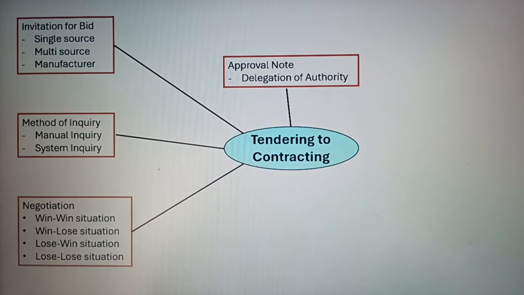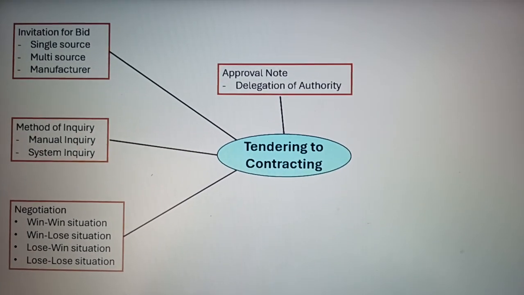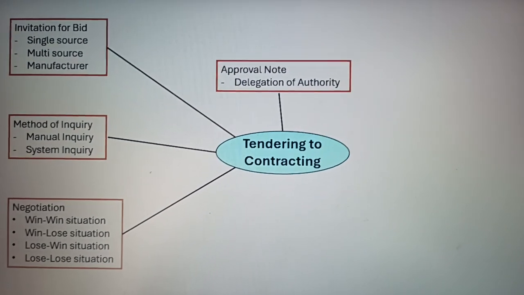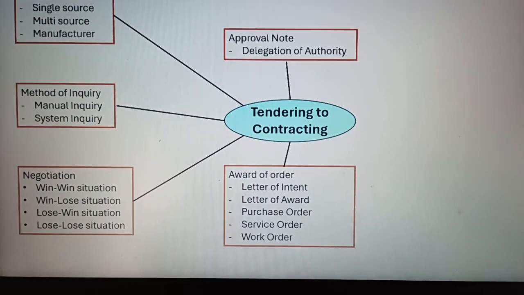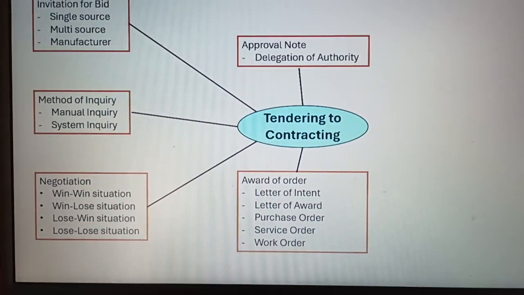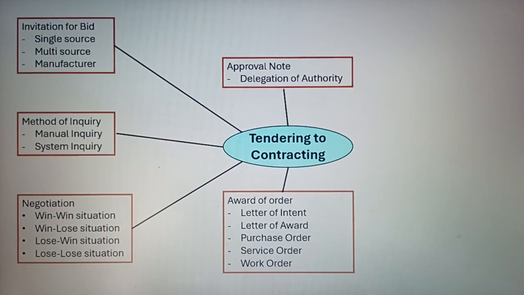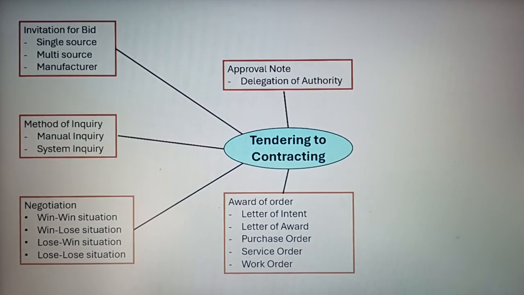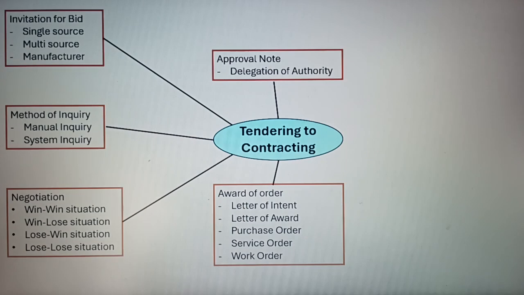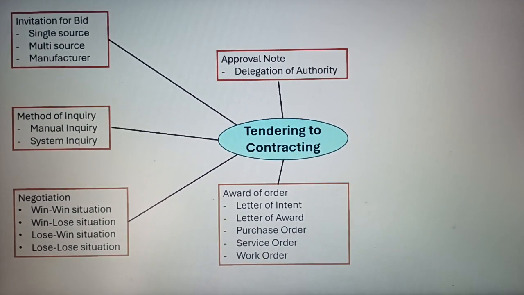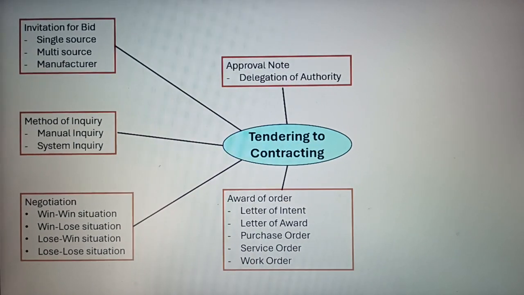As per my opinion, every organization should think about the digitalization of the system. Then we move ahead to the award of order, which is also a part of tendering, in which we send a letter of intent to various vendors for confirmation on whether they intend to bid in this document.